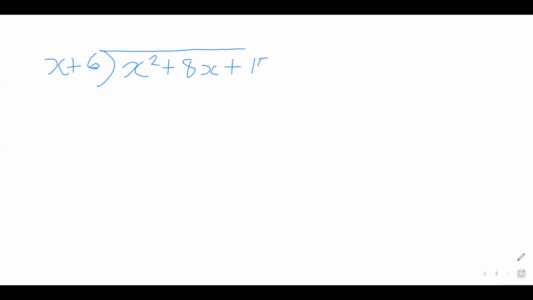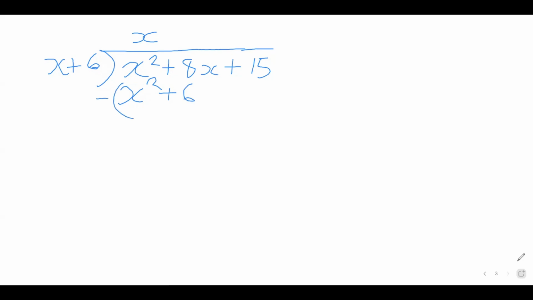This one is easier. And if you follow the example, it will get easier as you go along. So x plus 6, x into x squared will be x, right? And then x times x is x squared. x times 6 is equal to plus 6.